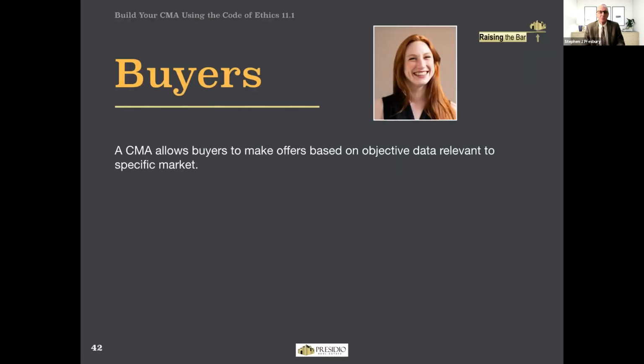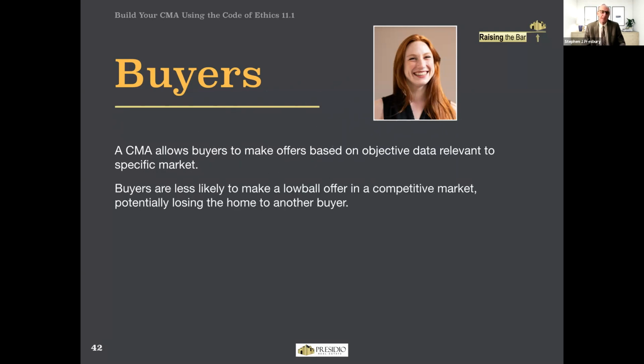So let's look at some other things with buyers. CMA allows buyers to make offers based on objective data relevant to a specific market. Buyers are less likely to make a lowball offer in a comparative market, potentially losing the home to another buyer.